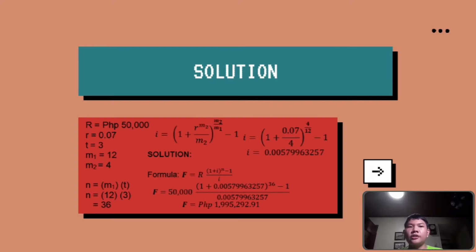be 36. The formula needed is F equals R times open parenthesis 1 plus j close parenthesis to the power of n minus 1 all over j.